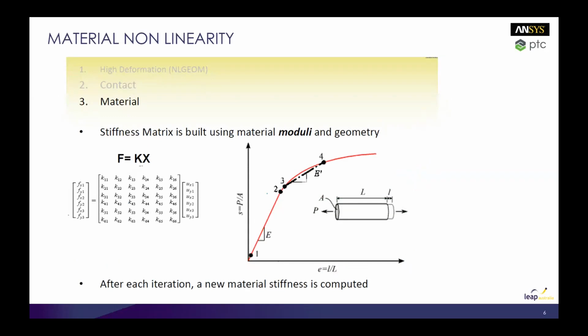Okay, so with material, specifically when we're talking about metal plasticity, we're talking about the effective modulus. In the elastic range, it's the Young's modulus. In the plastic range, it's what we call the tangent modulus.